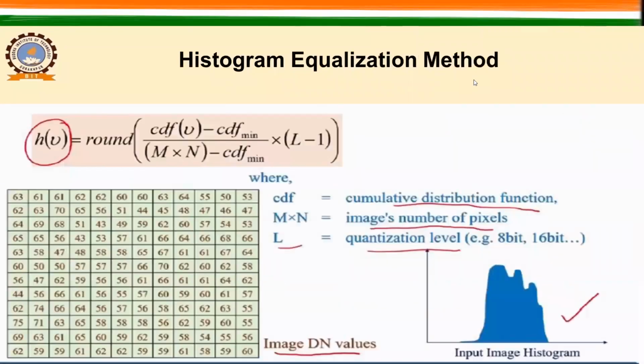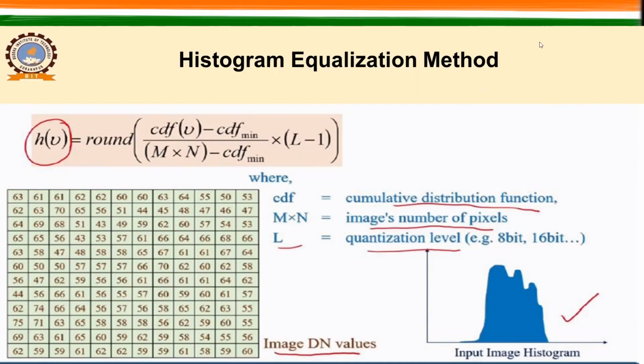Okay. So here what we do, we use this particular method and we identify the output value, right? And here CDF is the cumulative distribution function, M and N are the image number of pixels, and L is the quantization level. So in 8-bit data, or 16-bit, this value will keep on changing.